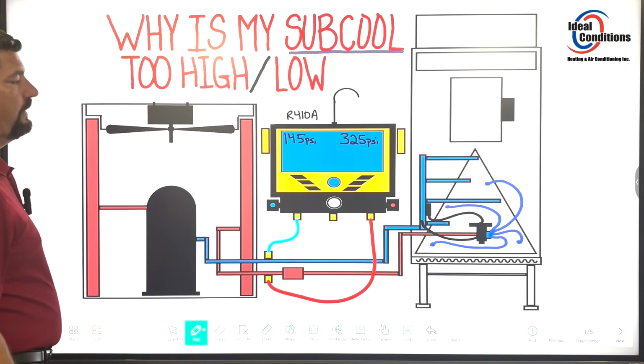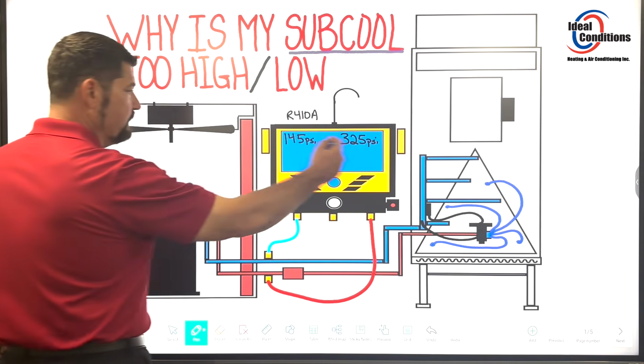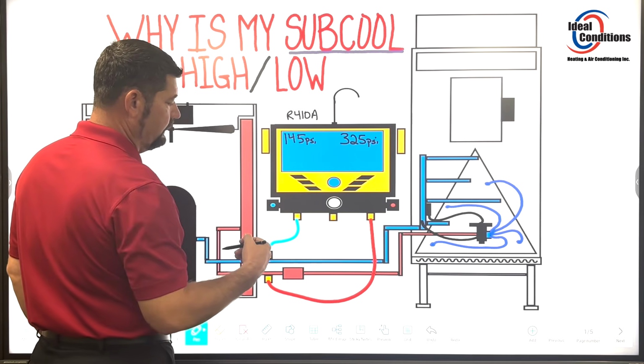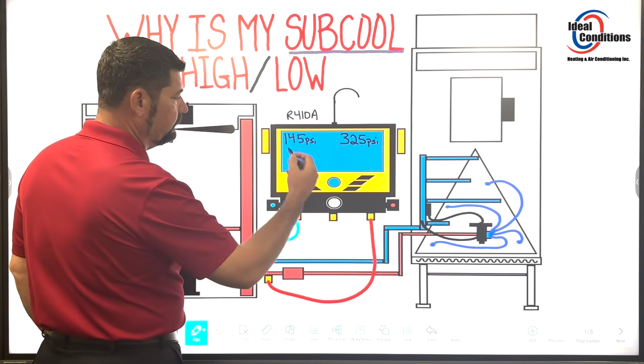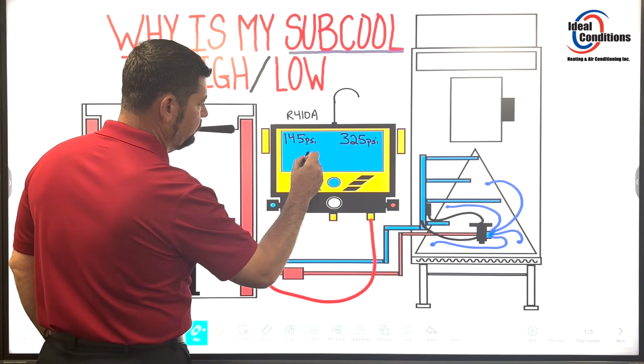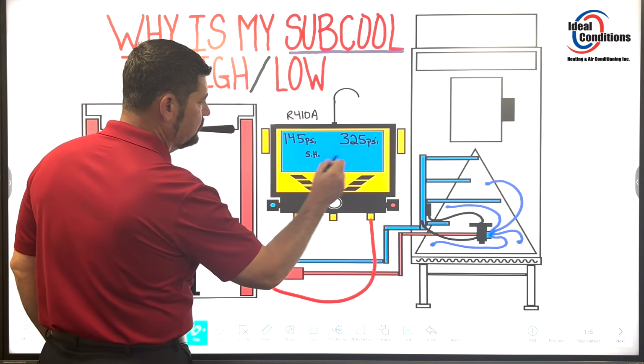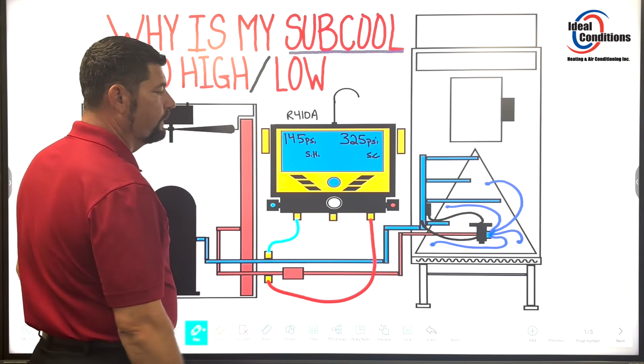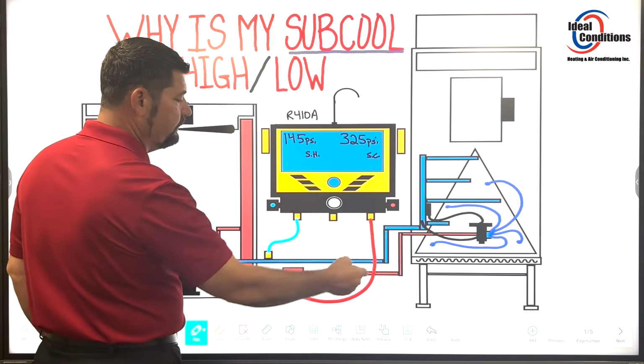What's our next value? Well, we want to know what these temperatures are related to it because they're obviously going to be there. And so basically we're going to need the superheat value and we're going to need the subcool value, right? Which we won't be able to get until we clamp it, right?